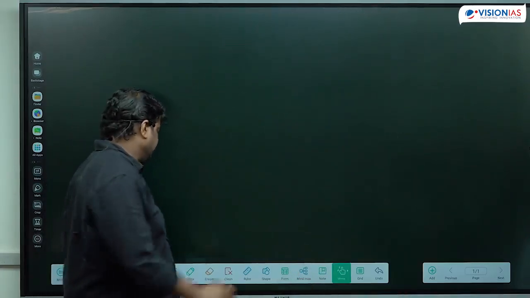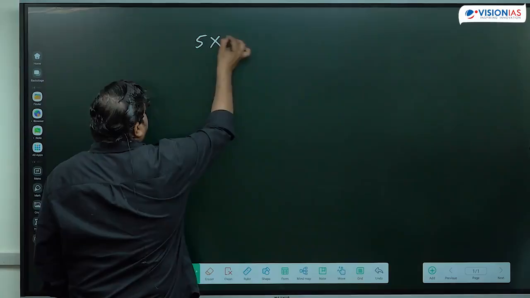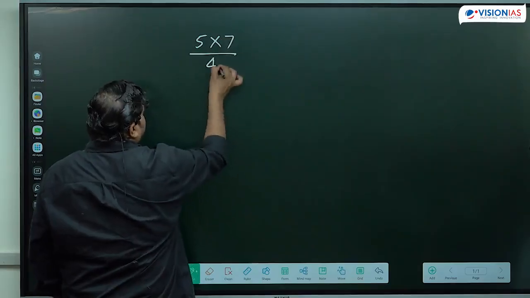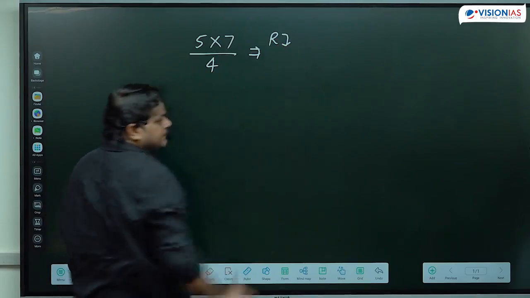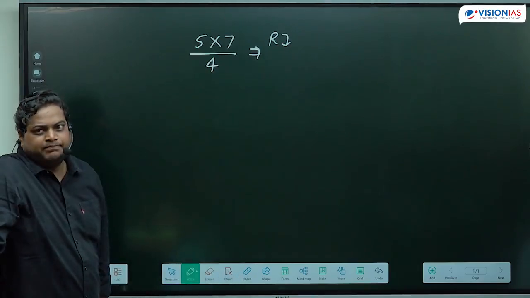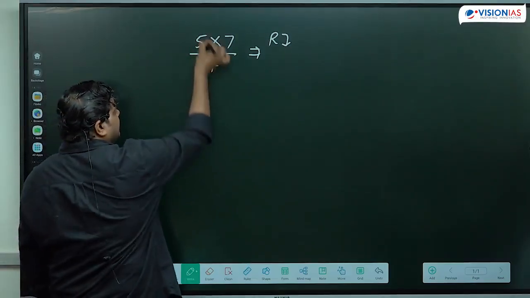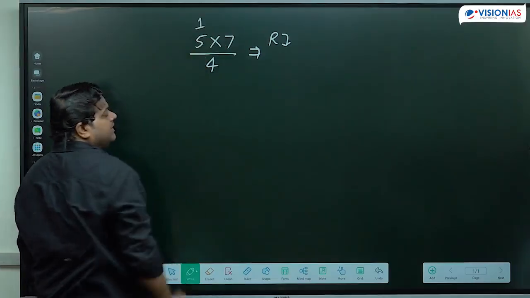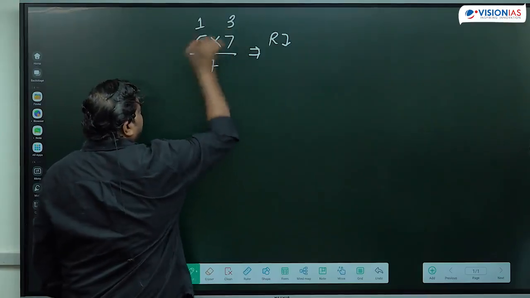If I write 5 into 7 divided by 4, what remainder are we getting? 3. If we take each term, 5 को we divide by 4, remainder is 1. 7 को if we divide by 4, remainder is 3.